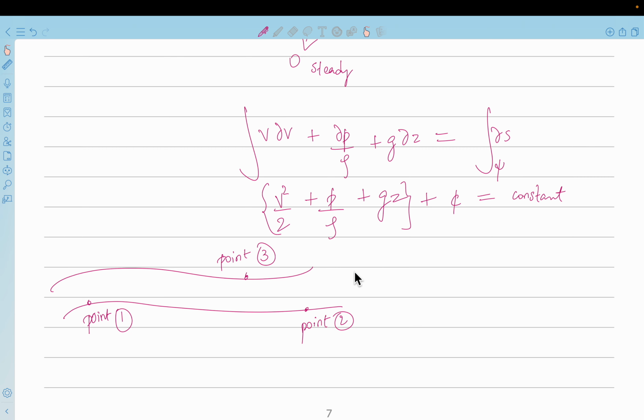But this is also in the same plane, right? See, these are two different streamlines. So if I call this some quantity q, I can say that q1 is equal to q2. But right now q1 is not equal to q3. But when can I say q1 is equal to q3?